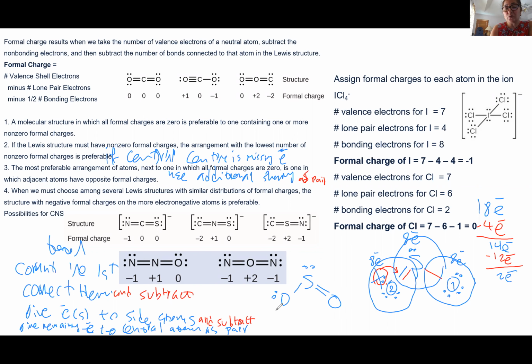And if oxygen 1 shares electrons, would sulfur be satisfied? Now if I look at these, I have 8 electrons for sulfur, 8 for oxygen 1, and 8 for oxygen 2.